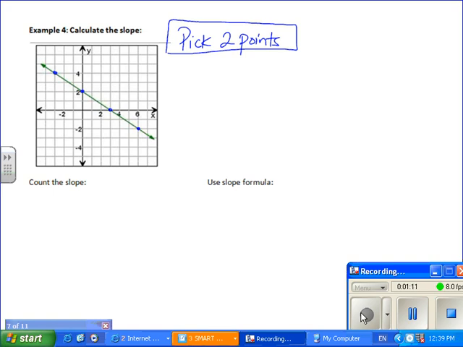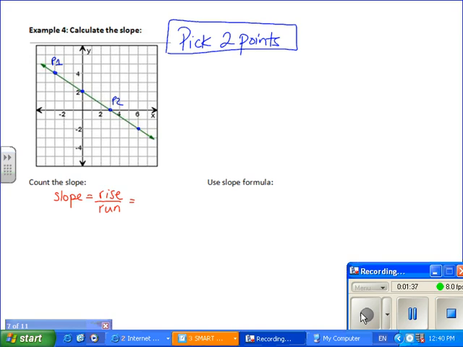Let's just go ahead and pick 2. Let's pick this point right here. Let's call that point 1, and let's call this point 2. So again, it doesn't matter what 2 you pick, you're going to get the correct slope. I'm looking left to right, and I have to find the rise and the run. So remember that slope is equal to the rise over the run.